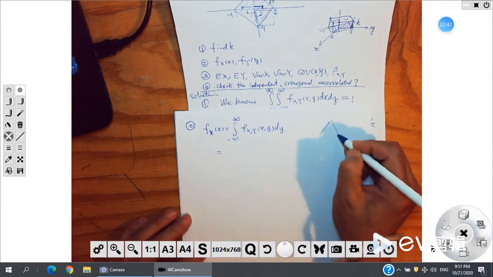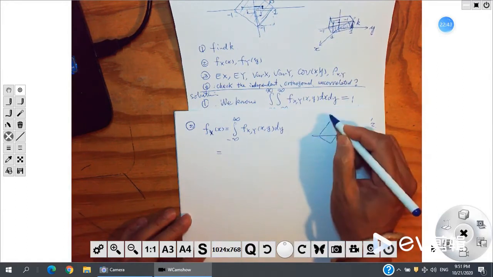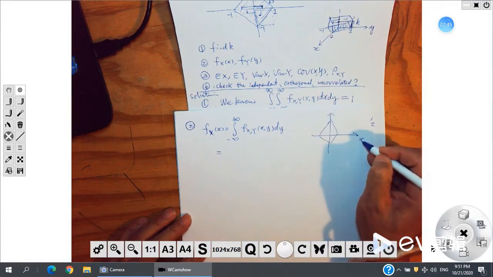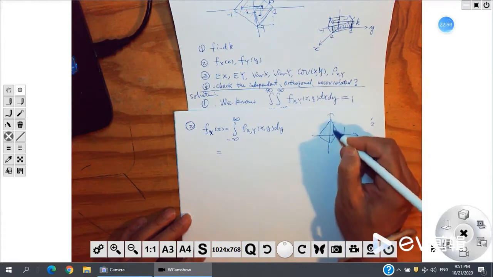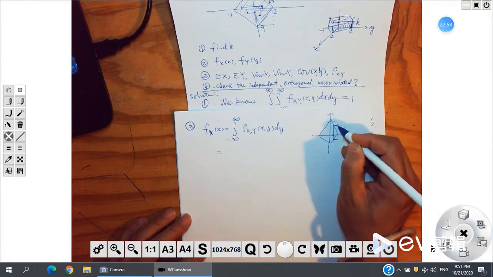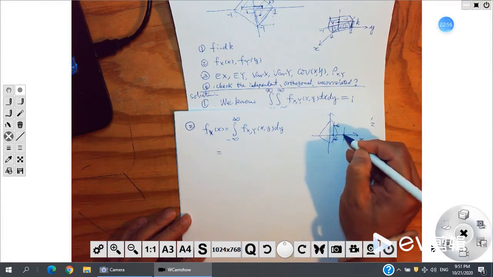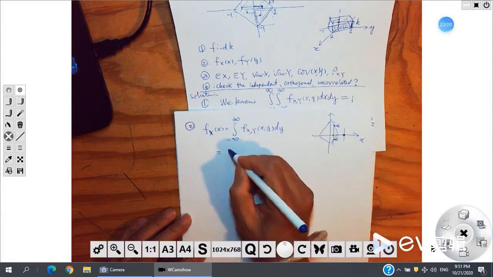Alright, and y will run from, okay, where will be y? You can see. Okay, this is x. For every x, what will be y? For every x, what will be y? Y will run from here to here, right? But at this place, no y. So actually we have two cases.